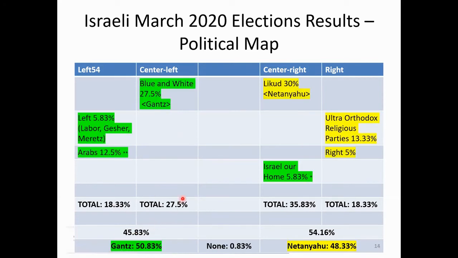So what happened is that the Arabs, even though they usually don't side with anyone, recommended Gantz. All the others on the left side also recommended Gantz. But Avigdor Lieberman, who is typically considered more of a center-right party, because he doesn't think that Netanyahu should be prime minister with the charges against him, actually gave his vote to Gantz.